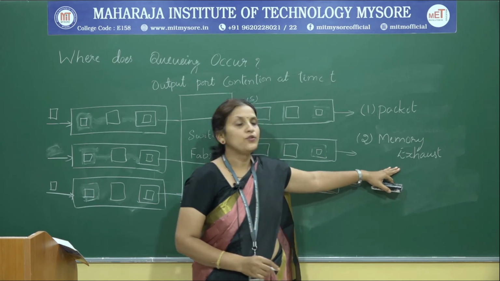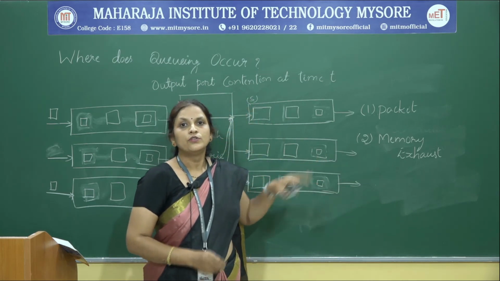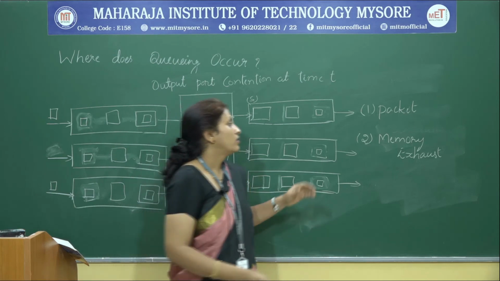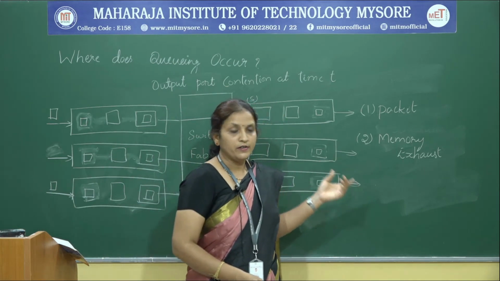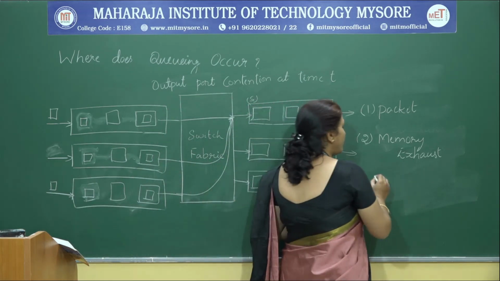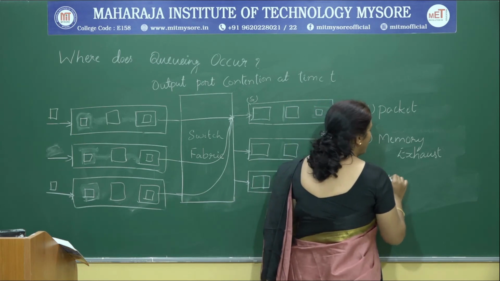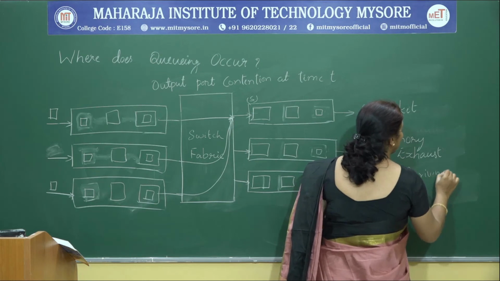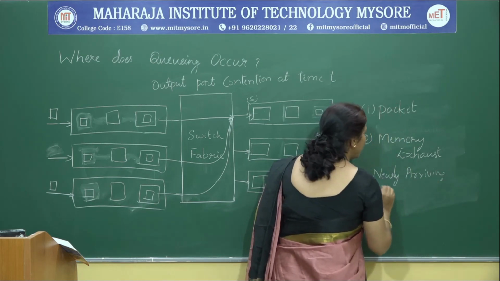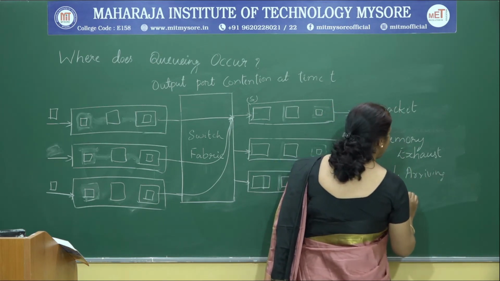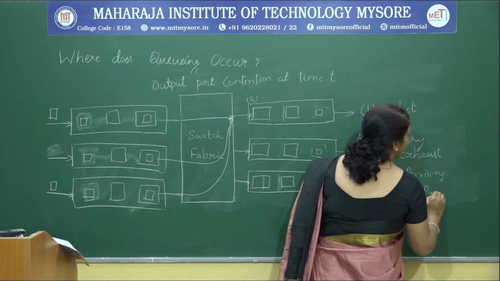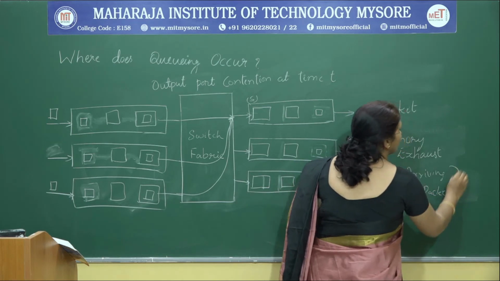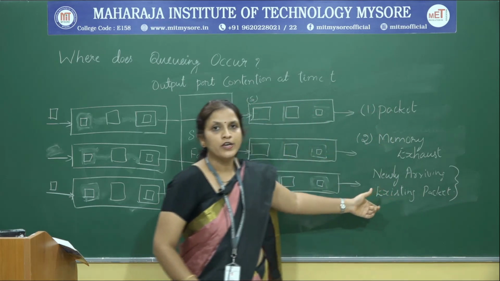As I already told you, there is a need to decide which packet needs to be entertained, that is whether to entertain a newly arriving packet or an already existing packet here. So, which one to entertain here?